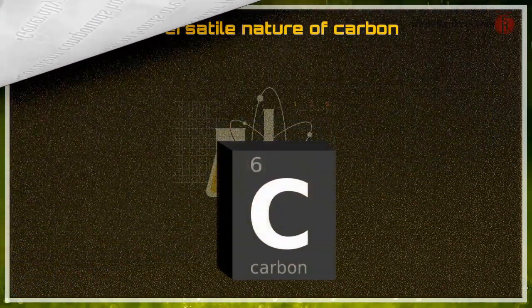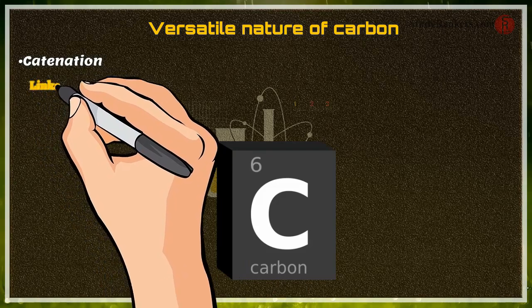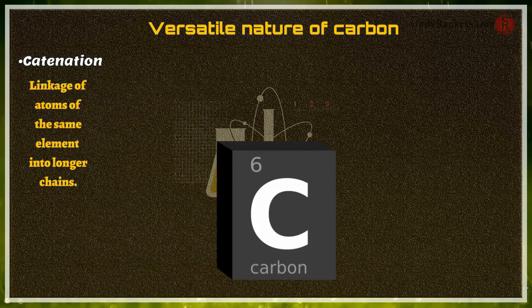Next topic is the versatile nature of carbon. That means the ability of carbon to form varieties of carbon compounds. There are various reasons for the same. First is catenation. It is the ability of carbon to form long chains. Second reason is tetravalency.